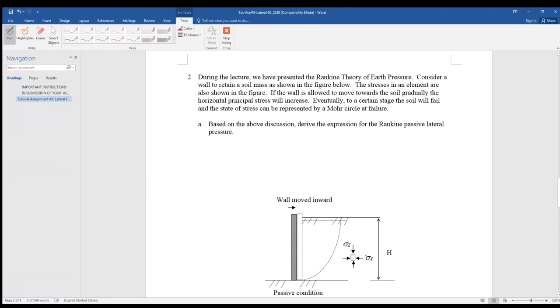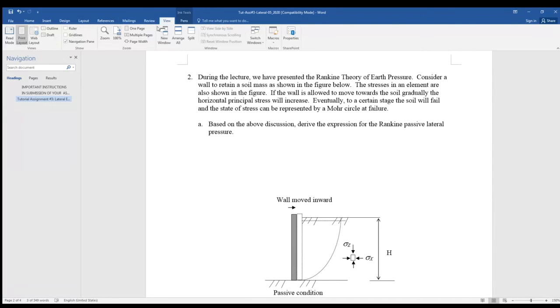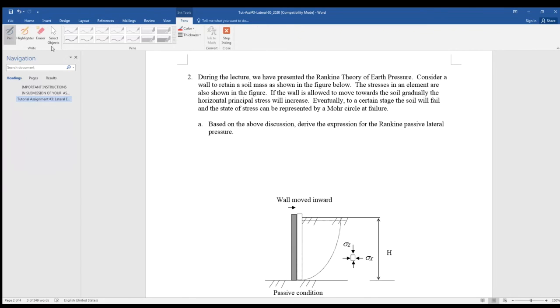For question 2, now you are asked to derive the expression for the Rankine passive lateral earth pressure.